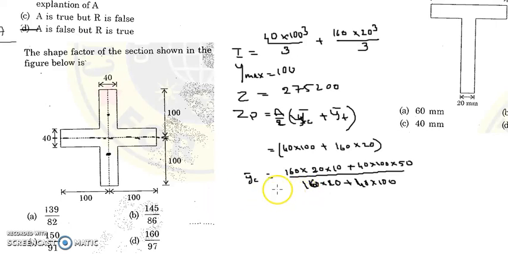I don't have the calculator, just do the calcs here. But Zp, what you are going to get is equal to 464,000. So the shape factor S is going to be equal to 145 by 86. Okay, the answer is B. Okay, we'll continue in the next video. Thank you.